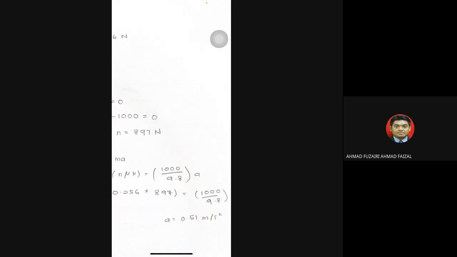N tambah 300 times sin 20 minus 1000 equal to 0, N dapat 897 Newton. Nak cari acceleration, saya guna F cos 20 minus Fk equal to ma. 300 times cos 20 minus N darab coefficient of kinetic friction equal to m, saya tukar jadi Newton, lepas tu darab a. So a dapat 0.51.